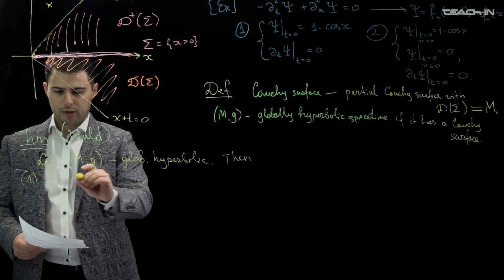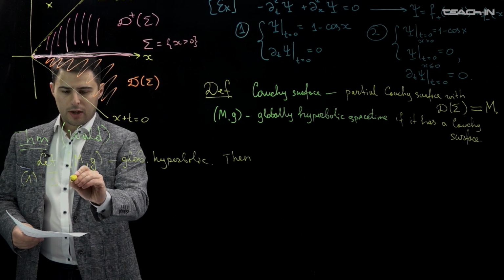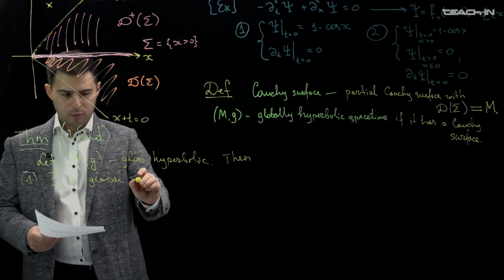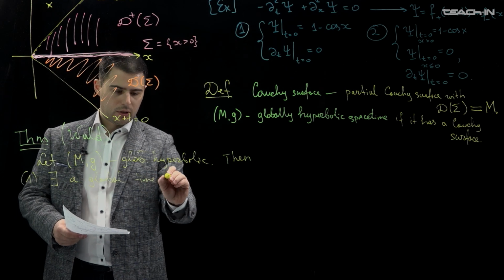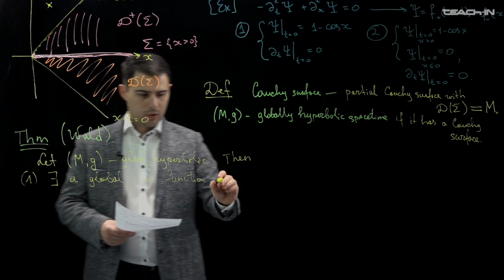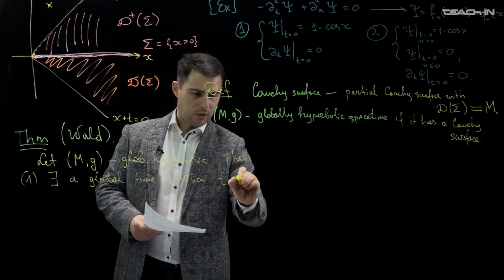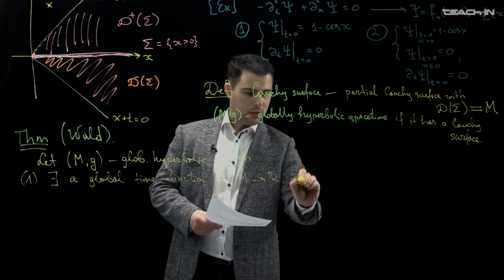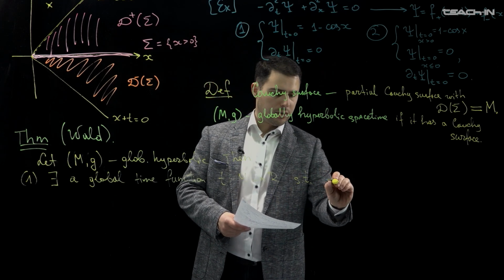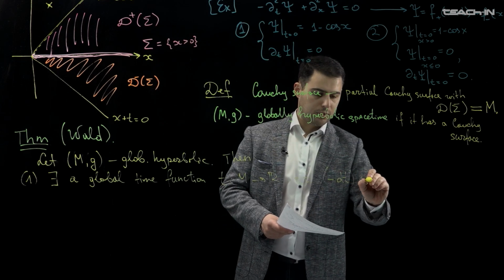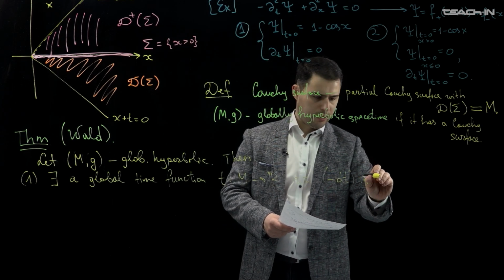So let us write it rigorously. There exists a global time function t such that minus dt is future directed and time-like.